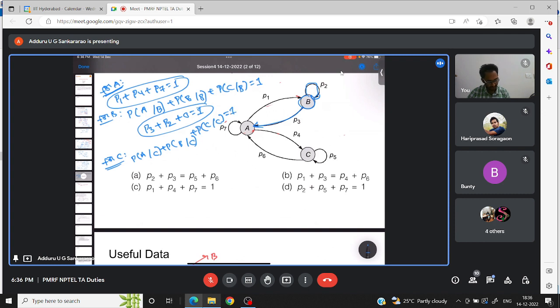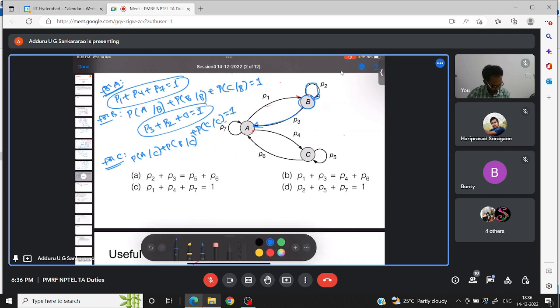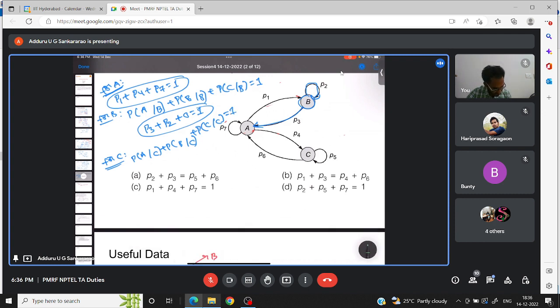This sum equals 1. So state C to state A, that is P6, plus state C to state B, you cannot go, 0. State C to state C, that is P5, equal to 1.